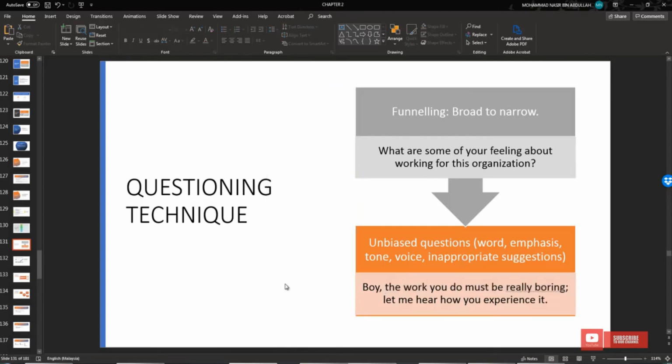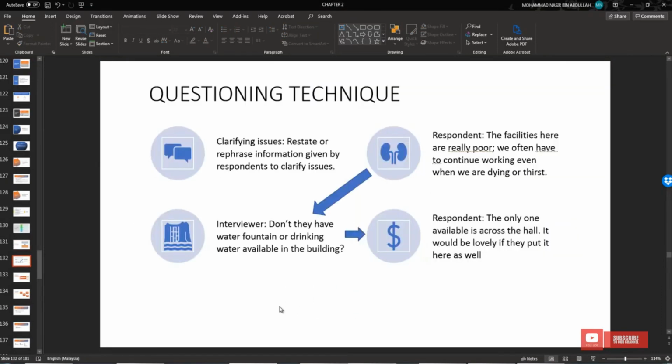So this is a biased question. For the questioning techniques, first you need to clarify the issues and ask the respondent, and then from the respondent's answer, you need to really dig into something based on the answer given, right?